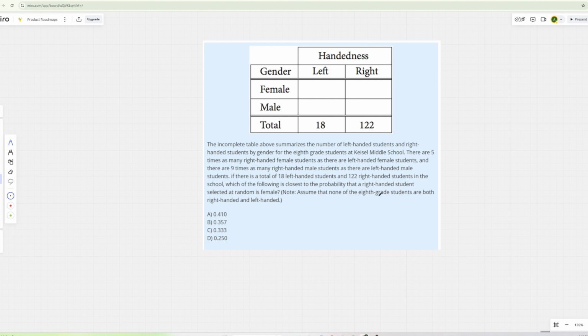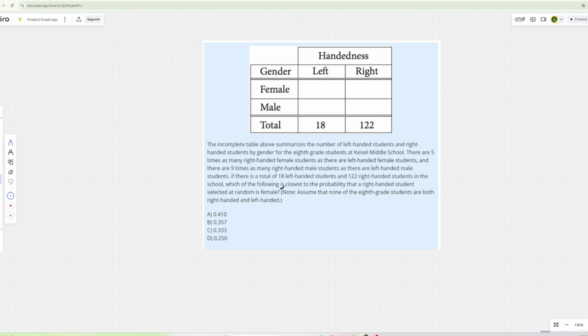Okay, what's the first thing you notice? First thing I notice is that this "if" should be capitalized. No, I'm kidding. But half of this is useless information.